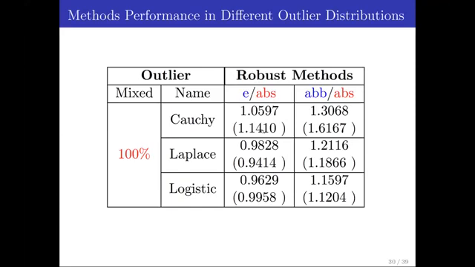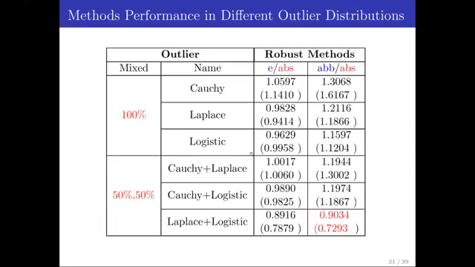We also provide a second case. That means your outliers come from a mixed situation. Half of your outliers come from the Cauchy distribution and half come from the Laplace. This row stands for that. And another situation is like half come from the Cauchy distribution and half from the logistic distribution.